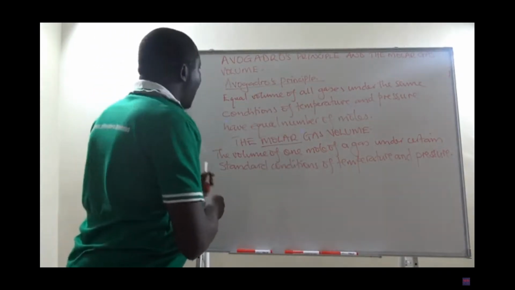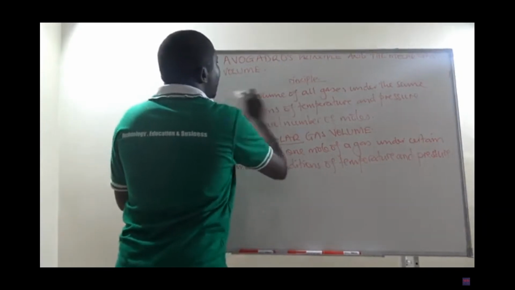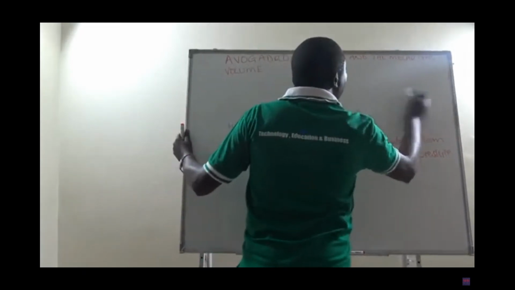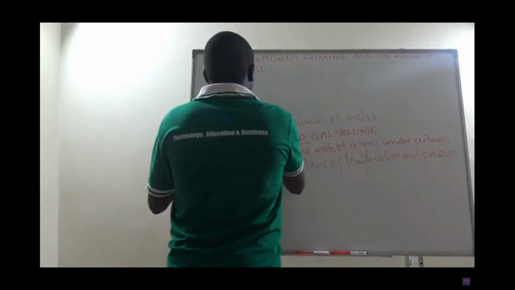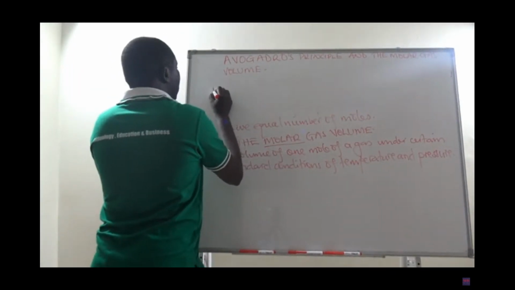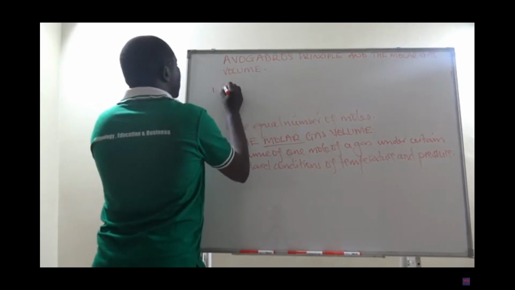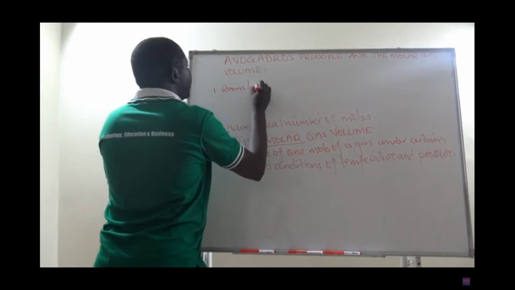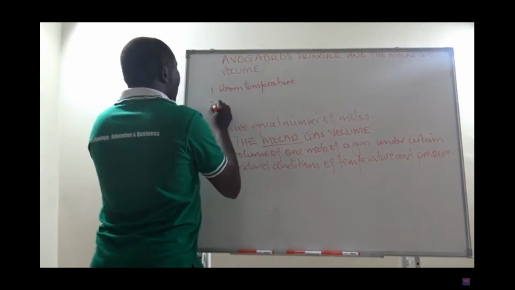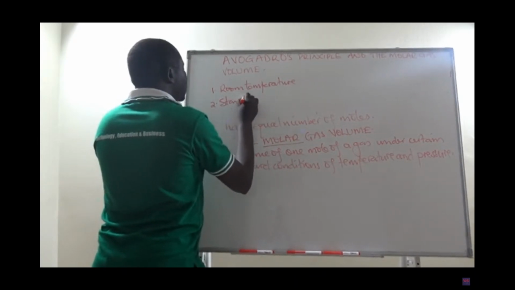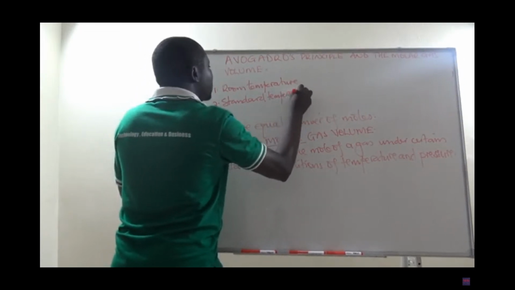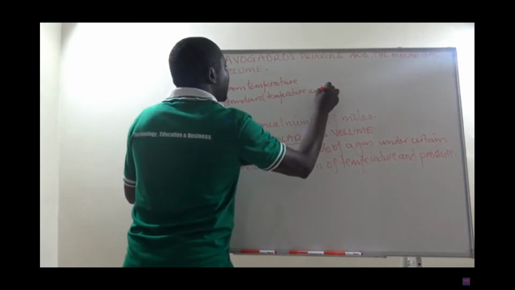So it makes us look at the values of the molar gas volume at certain conditions of temperature and pressure. Now the conditions in this case are: 1, room temperature, and then standard temperature and pressure.